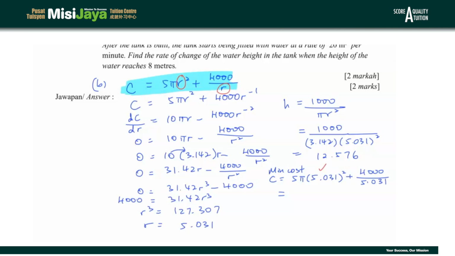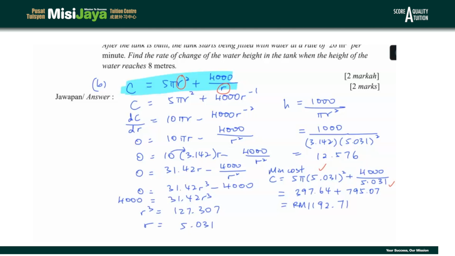Okay, so when you use 3.142 for the pi, then you get 397.64 plus 795.07. Okay, so when we plus them together, then our cost would be 1192.71, okay, in ringgit.